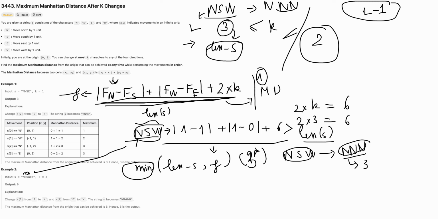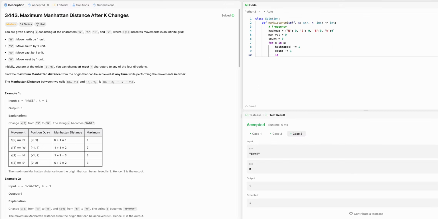So let's say L equals 3, and then we just need to replace 2. So we can consider if the count minus 1 equals k, it means that we can replace all of the characters with k. Otherwise we can have the temporary value, and then this one will be the min of the count hash map.